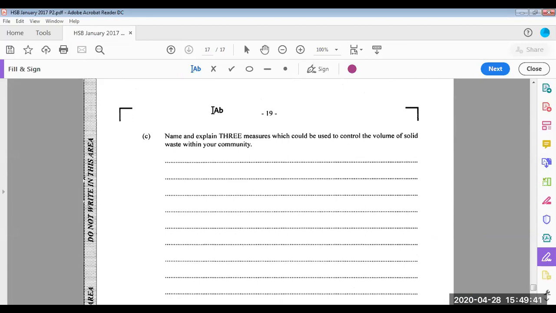C. Name and explain three measures which could be used to control the volume of solid waste in your community. So that's the 3 R's.